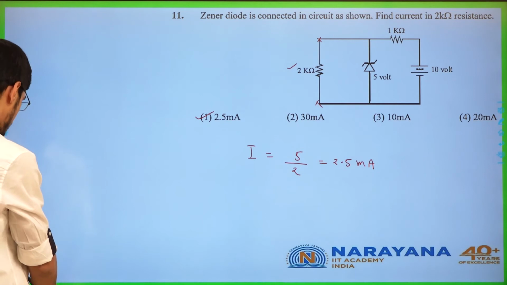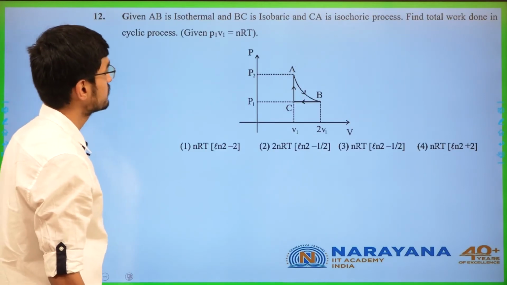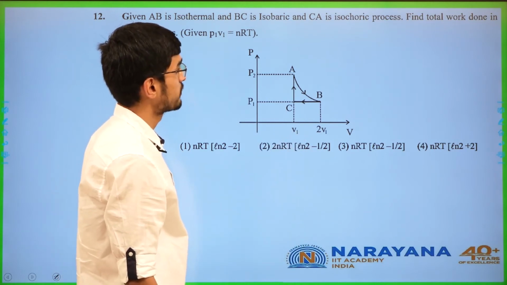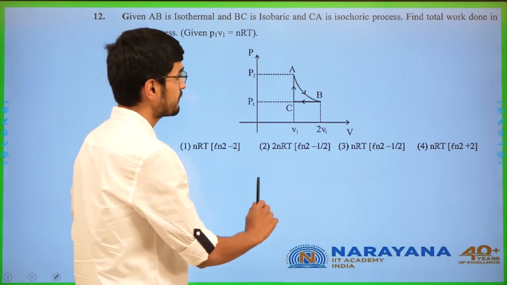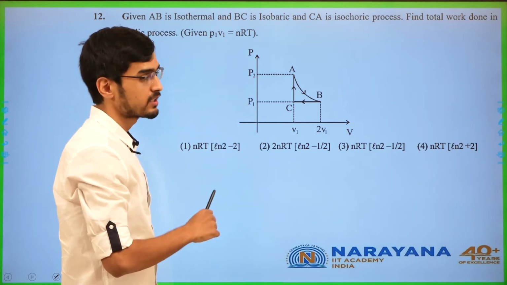Next question. Given AB is isothermal and BC is isobaric and CA is isochoric process, find total work done in cyclic process. So in the cyclic process, we can first say that in C to A work done will be 0 because it is isochoric.